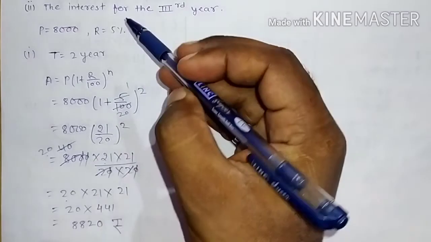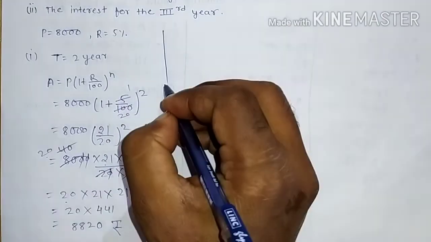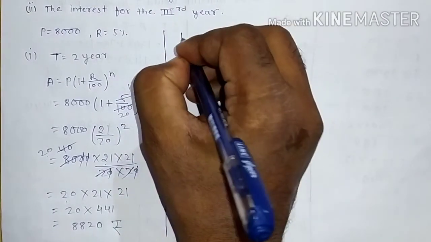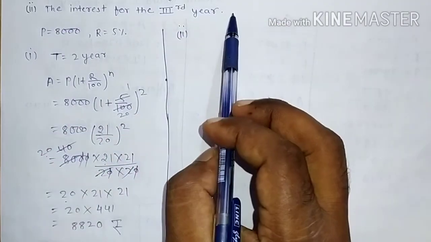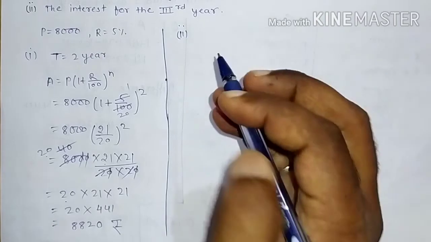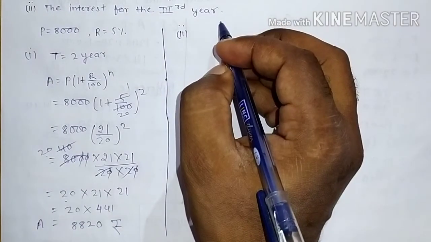Now the second question: the interest for the third year. Here we have to find the interest for the third year only.